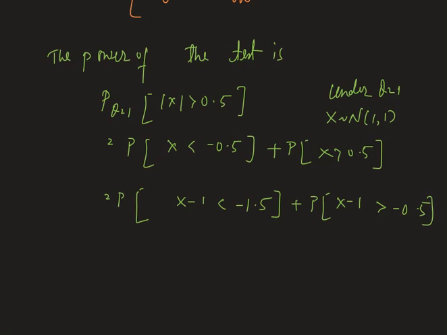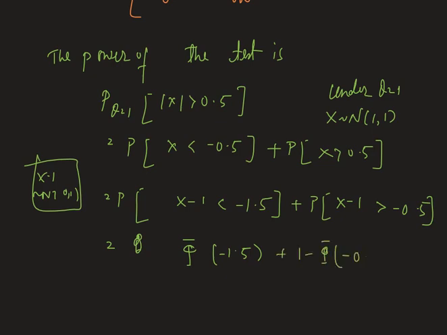Now X minus 1 follows a standard normal distribution, so this reduces to capital phi of minus 1.5 plus 1 minus capital phi of minus 0.5, where capital phi is the CDF of the standard normal variate.